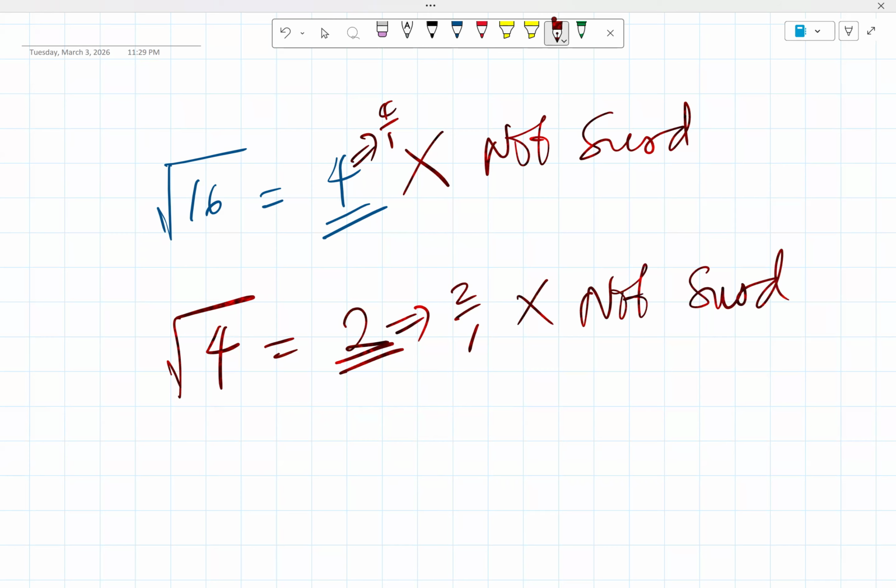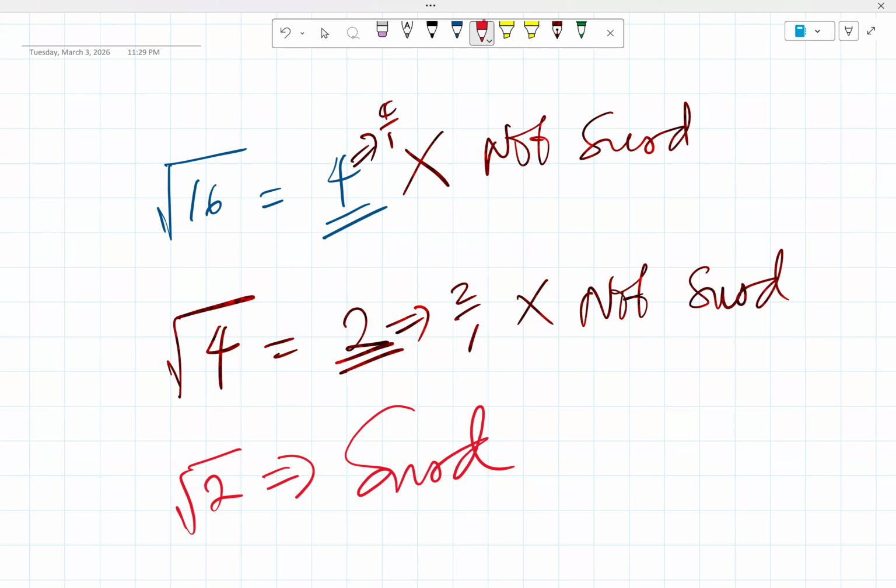Now, if we continue and we talk about root 2. Try as hard as you may, you cannot get it to be a rational number. So automatically it's a surd. And of course, we've tried this example, right? If you square 1, you have 1.